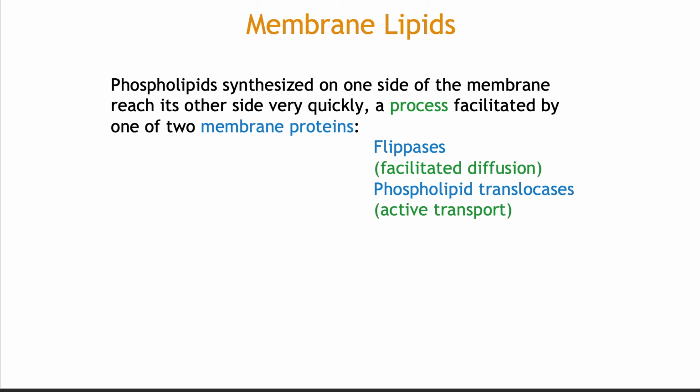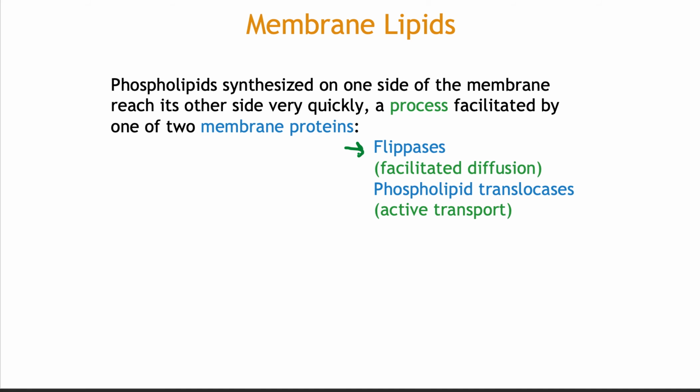The difference between the two proteins is that one is moving the phospholipid from the side of the lipid bilayer that has a high concentration to the side that has a low concentration, equilibrating the concentration of the phospholipid on either side, whereas the other type moves from the side that has low concentration to the side that has a high concentration. So one is known as flippases, right?